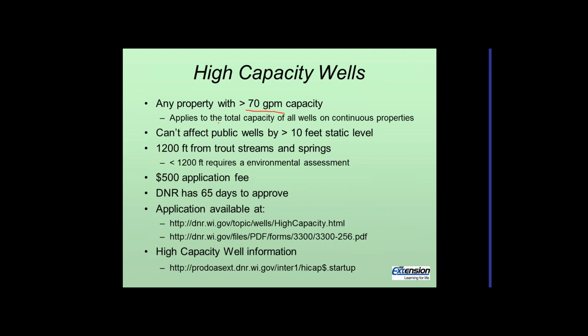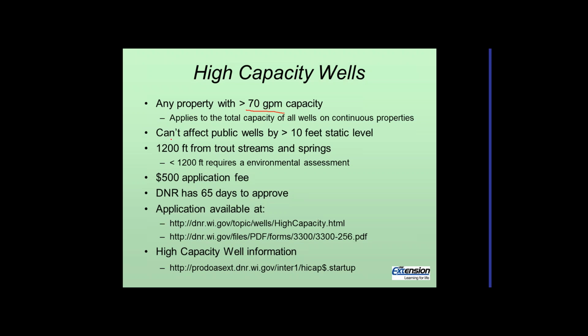This applies to all wells on a continuous property. So if you have 7 different wells that are 10 gallons apiece, that's 70 gallons. That would basically be a high capacity well. Or maybe it's eight wells at 10 gallons a minute.